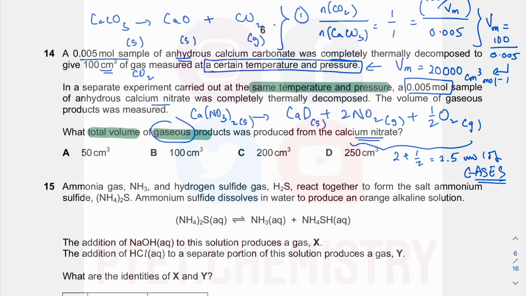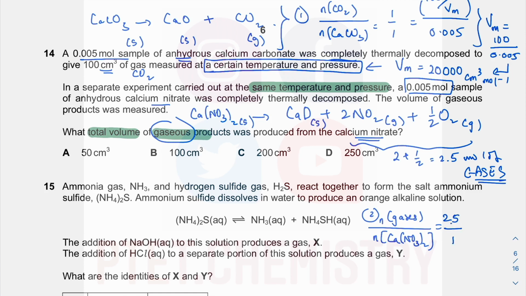because that is at the same temperature and pressure. So what I can do now is, I know 0.005 mole of this reacted. So the second bit of information is the mole of gases, both the NO2 and the O2, over the mole of the calcium nitrate, which is 2.5 mole of gas to 1 mole of calcium nitrate.